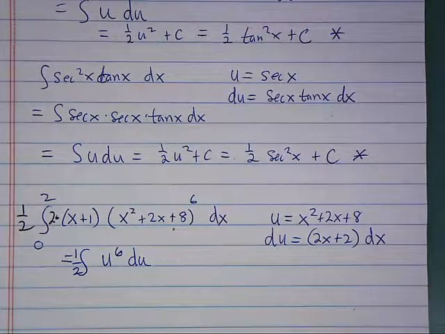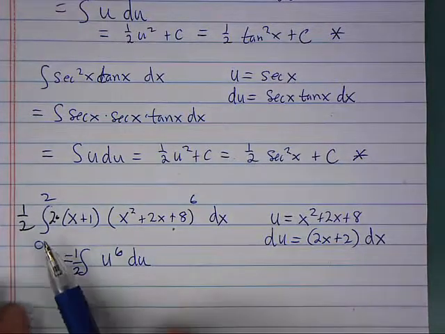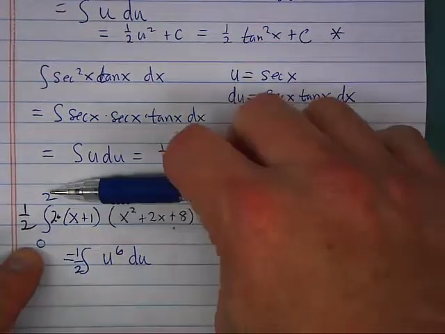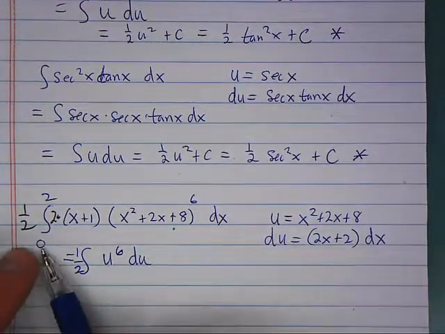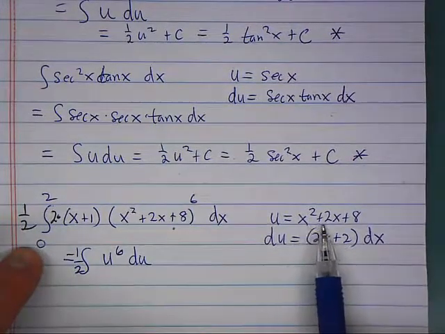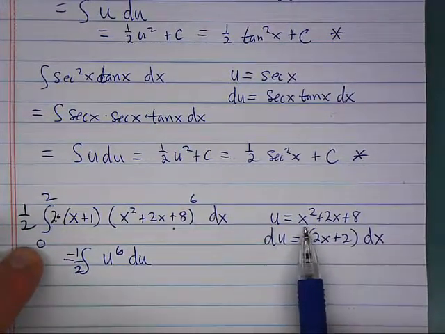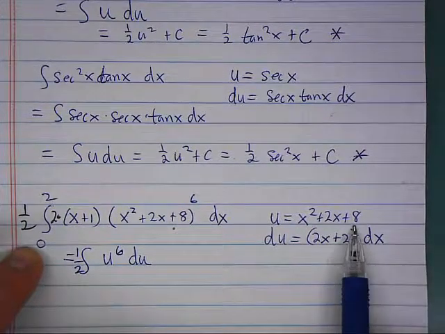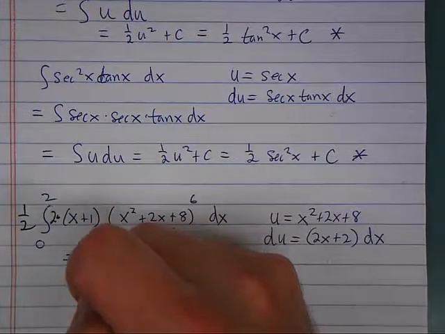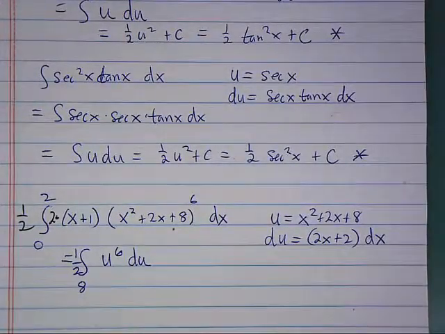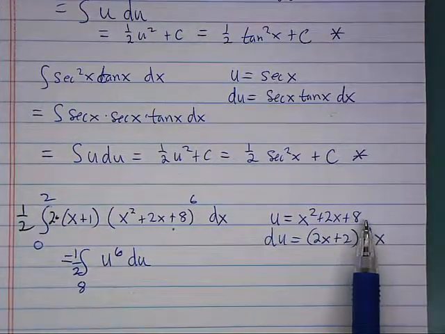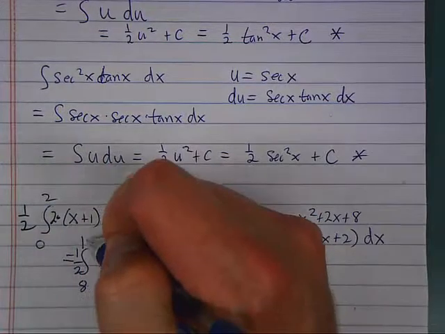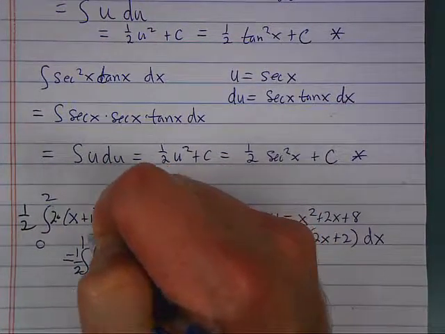When you change your letters, you also change your interval. Notice these are x numbers: x goes from 0 to 2. But now I switched to u's. So I take x equals 0 and plug it in. If x equals 0, then u is 8. So my bottom number becomes 8. And when x is 2, I get 4 plus 4 plus 8, which is 16.